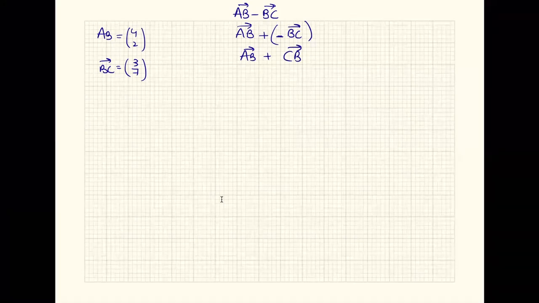So if I draw this, starting point was A, 4, 2. This is my vector AB. Now I'm going to add the negative of BC. Negative of BC is going to be -3, -7. So from B, -1, -2, -3, and -7. I should have taken this up further.